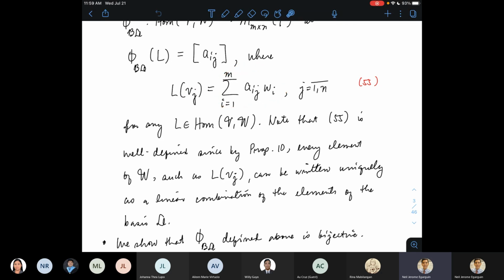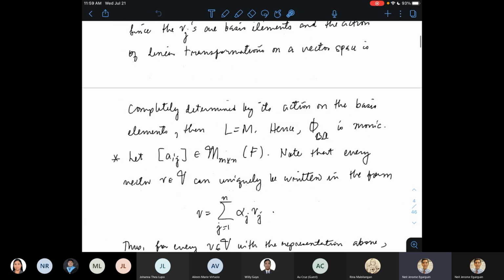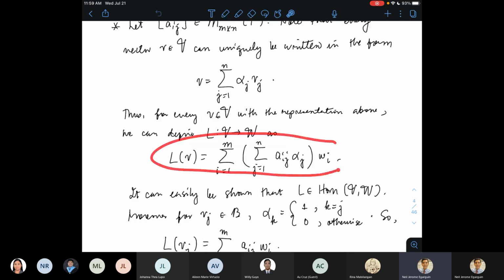Tapos kinlaro natin dun sa second part ng proof natin for being a bijection is that we have a linear map L, which we define this way. So I need to show that this linear map L satisfies definition 55 or equation 55. But definition 55 only talks about what is the image of a basis element.